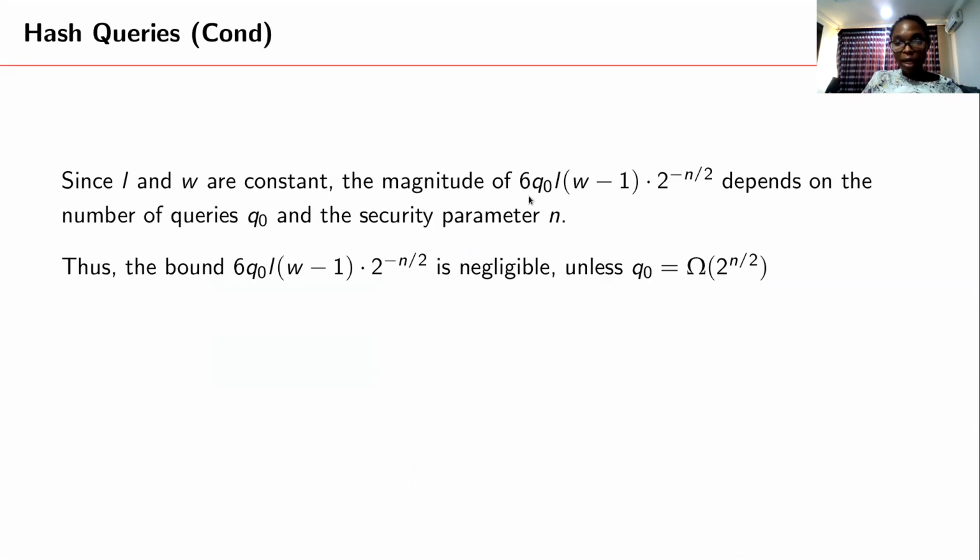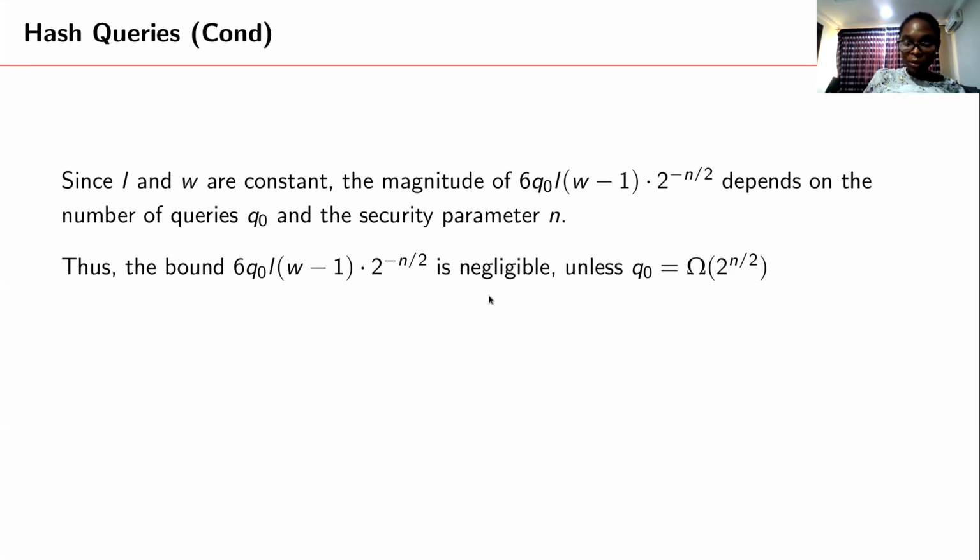For this bound to be negligible, the number of queries has to be smaller than 2 to the n over 2. That's why we said this bound is negligible unless the number of queries is at least 2 to the n over 2.